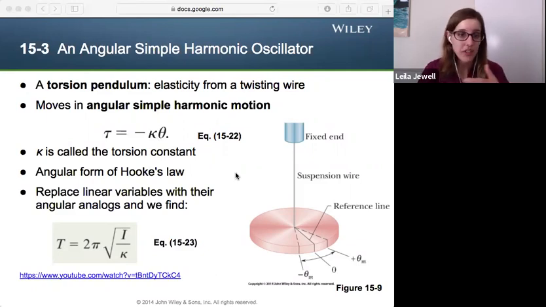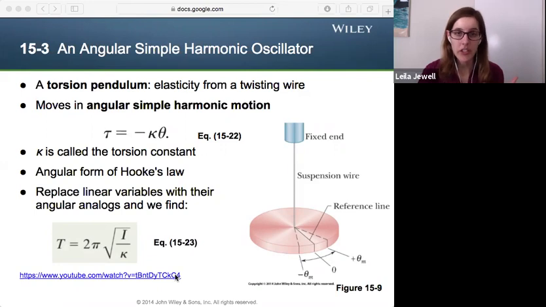So we could replace all of our linear variables with their angular equivalents, and we'd find that the period is equal to 2 pi times the square root of the rotational inertia divided by the torsion constant. So rotational inertia instead of mass, torsion constant kappa instead of spring constant k. Pretty straightforward. The neat part here is that this is actually very precise.